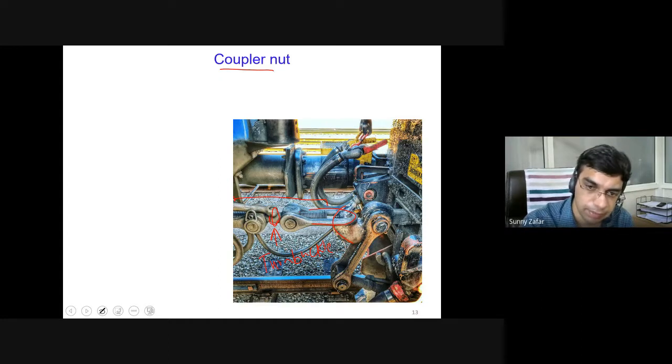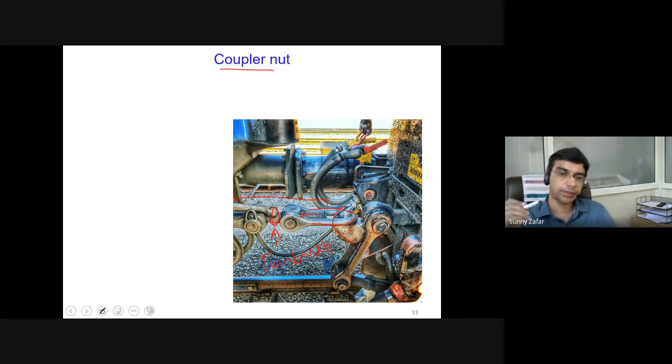All this power transmission is going through these fasteners or the threaded joint. This coupler nut is a very popular example used till date. It is not obsolete, it is still used in practice in the railways. You can understand the load and speed at which the railways operate, and in such conditions also these threaded fasteners are used. So the coupler nut is an example of an external threaded fastener used in the railways to transmit motion among different bogies.